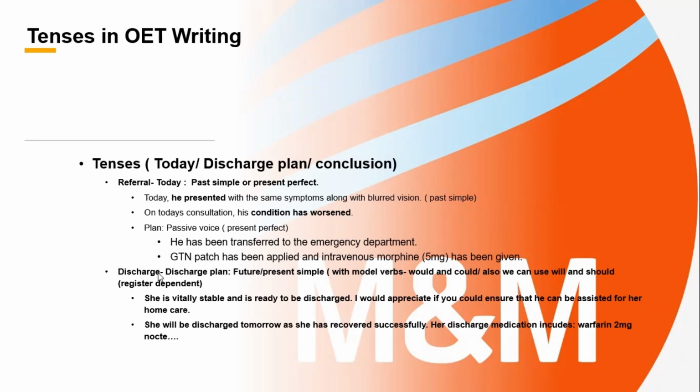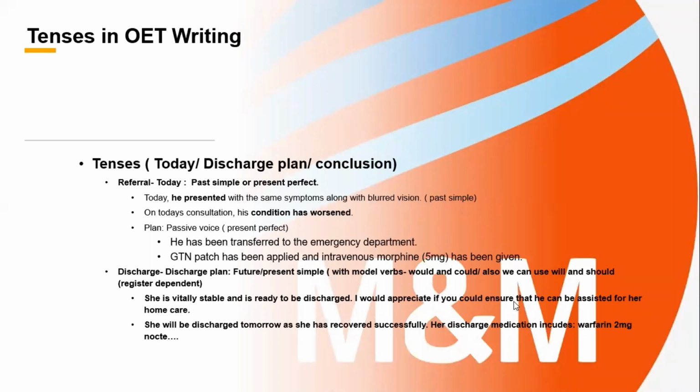For the discharge letter, we can use, let's say, future tense, present simple tense, maybe. Basically, let's say she is clinically stable and is ready to be discharged.